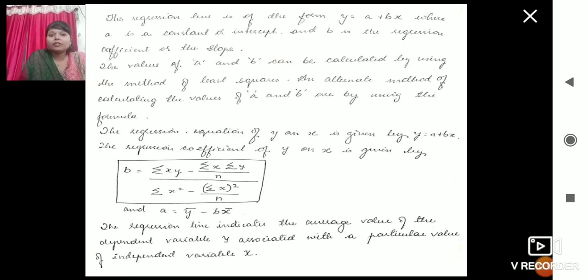The regression coefficient of y on x is given by b equals the sum of xy minus the sum of x times the sum of y, divided by n, all divided by the sum of x squared minus the square of the sum of x divided by n. And a equals y bar minus b x bar.